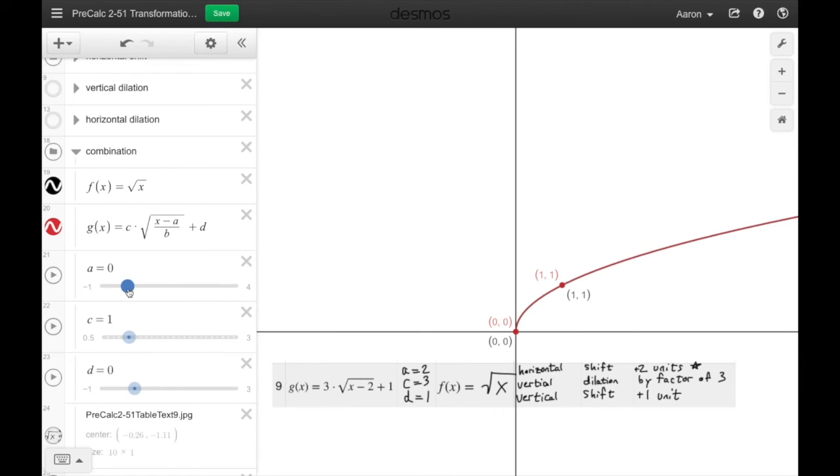So first, horizontally shifted plus 2 units, like this. You can see how it goes from 1, 1 to 3, 1. Then vertically dilate it by a factor of 3, so the y value is 1, and then the new y value is going to be 3. And then vertically shift it up 1 unit. So the y value is 3, you're going to add 1 to get 4.